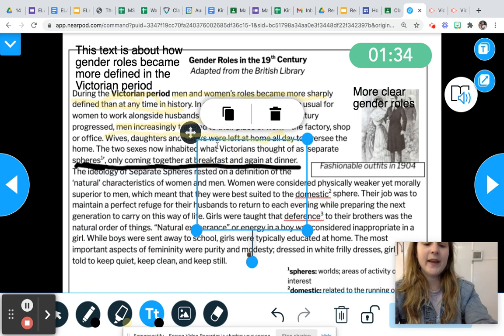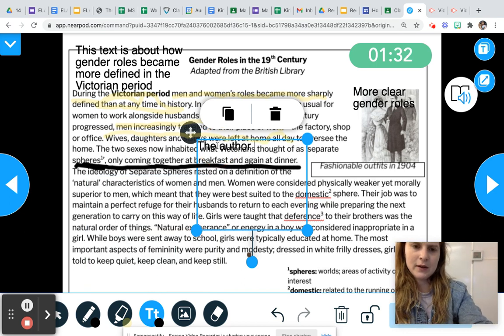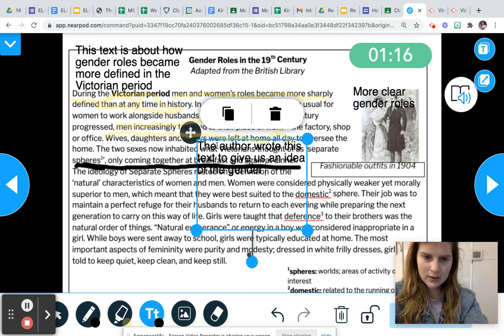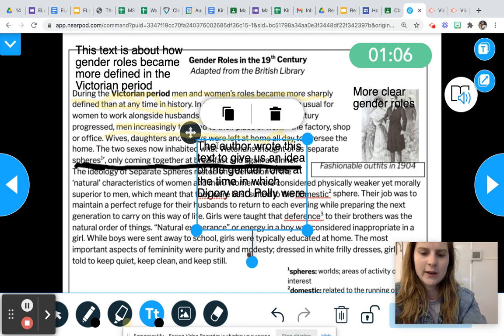Okay, so I'm going to say the author wrote this text to, I'm going to say, give us an idea of the gender roles at the time in which Diggory and Polly were living.